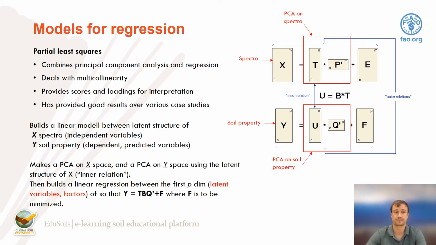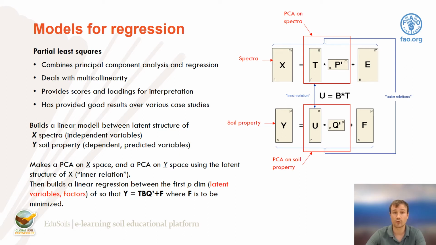If you look at the figure on the top right corner of the slide, you can see the matrix of spectra X and the matrix or vector of soil property Y. For X, we decompose the spectra data into two matrices called T and P, and we also have a residual matrix called E. For Y, we do the same.